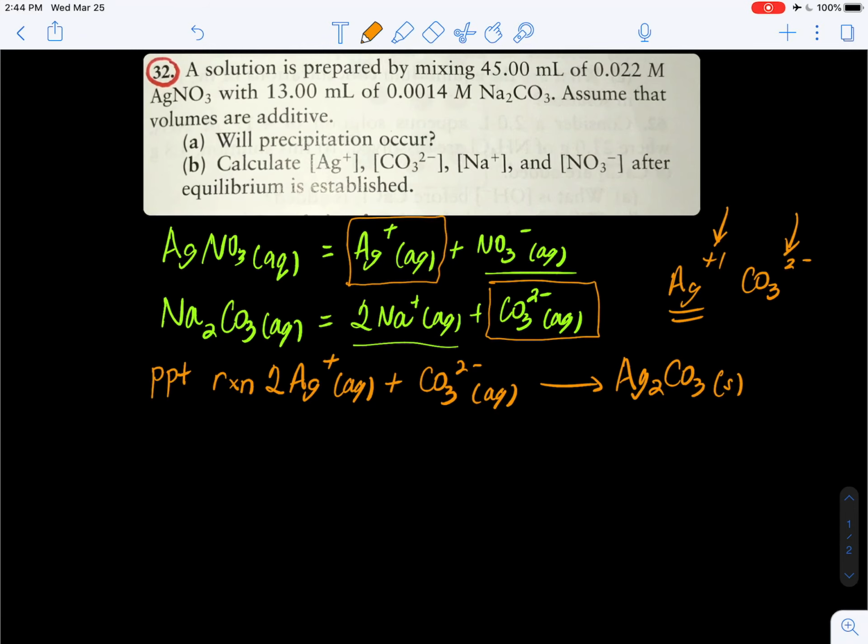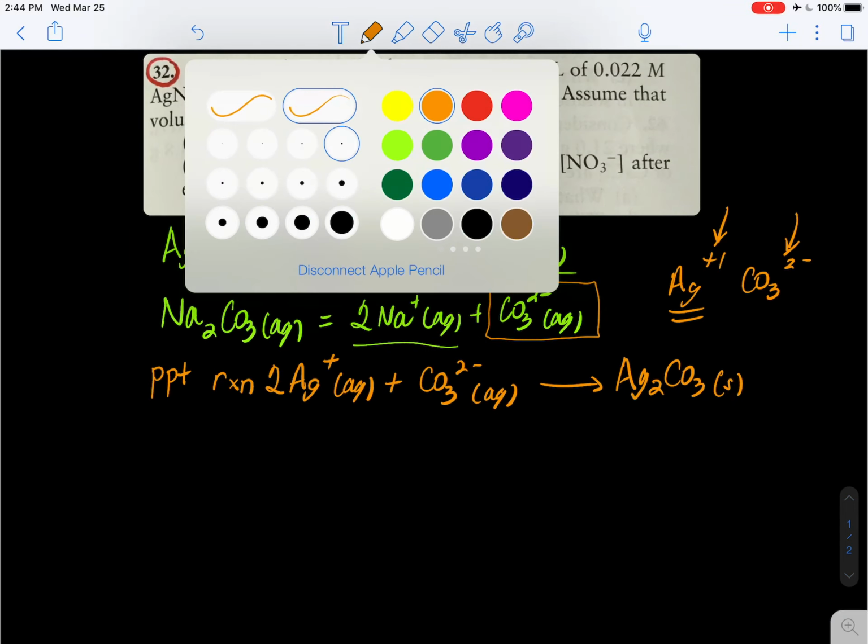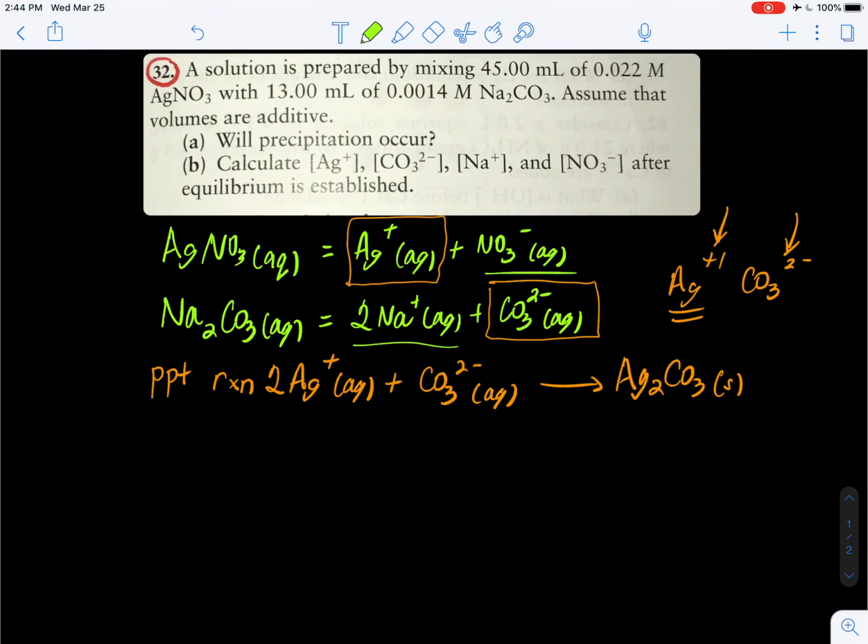Now, if we want to write a Ksp, we can do that as well. We would write the solid substance on the left, and we would write the products on the right.